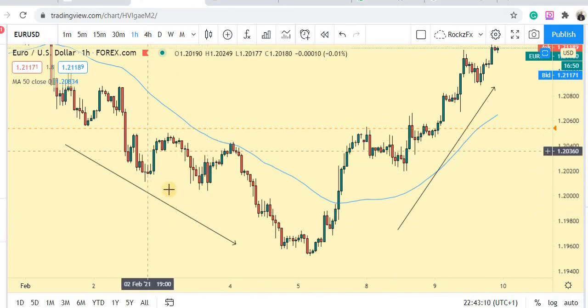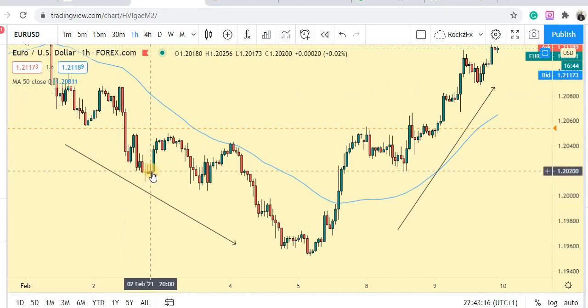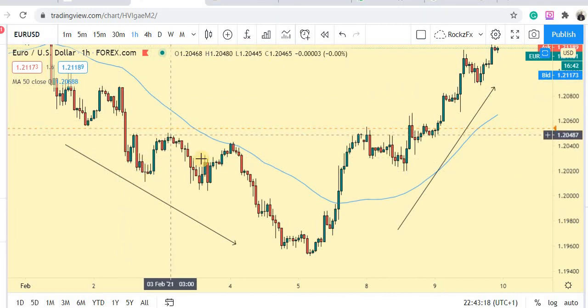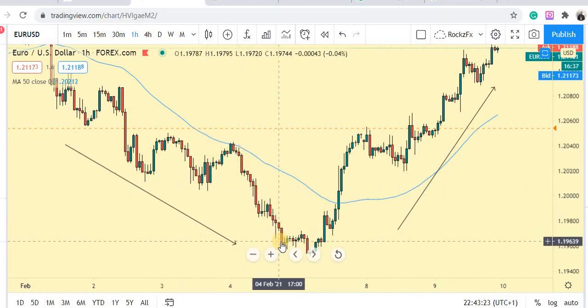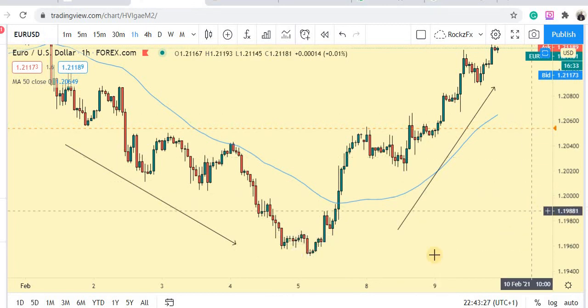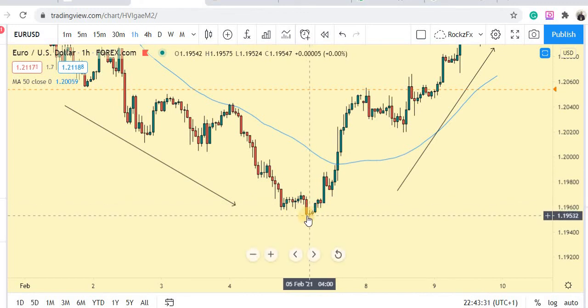So I believe this is very clear. Now in a downtrend, this is a lower low, a lower high, lower low, lower high, lower low, lower high, lower low, lower high, lower low. Just watch this lower low, very important point.